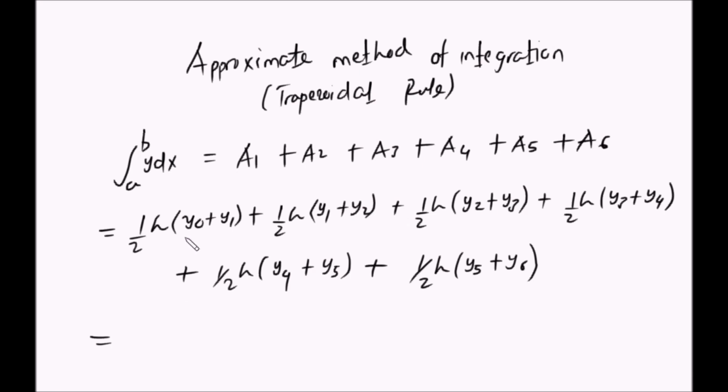So you can see y0 ipo mara moja na y6 ipo mara moja, but the rest zitapita mara mbili. y1 imepita mara mbili, y2 imepita mara mbili. I'm just trying to simplify this. y3 imepita mara mbili, y4 imepita mara mbili na y5 imepita mara mbili.